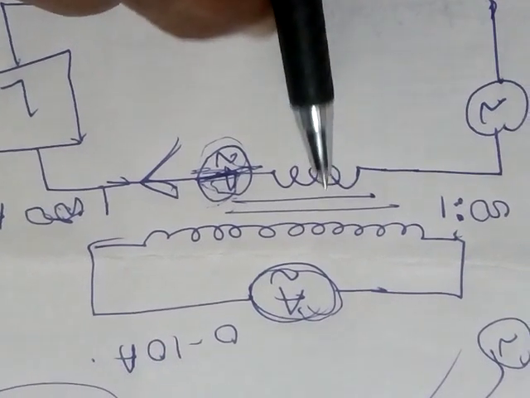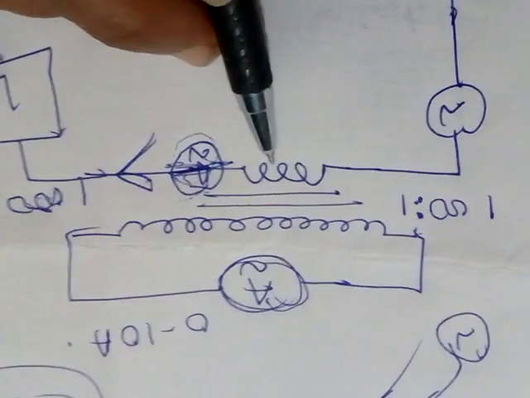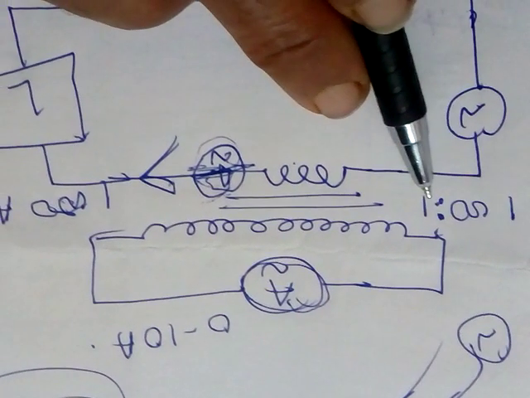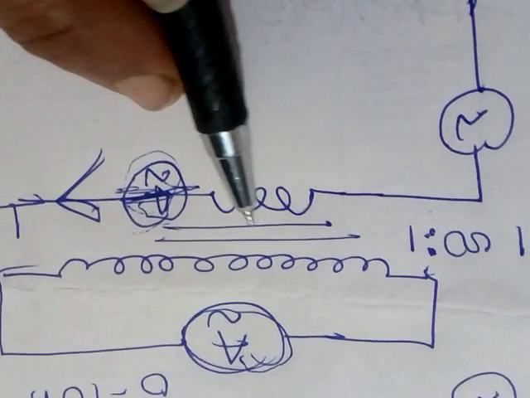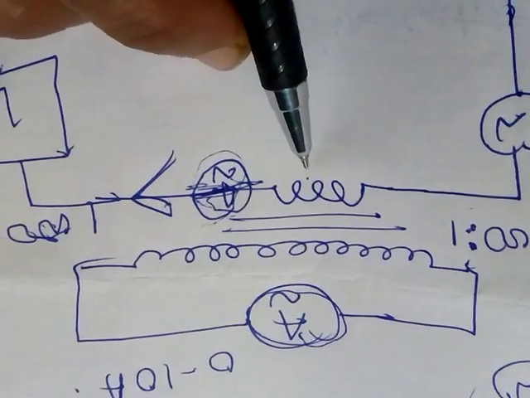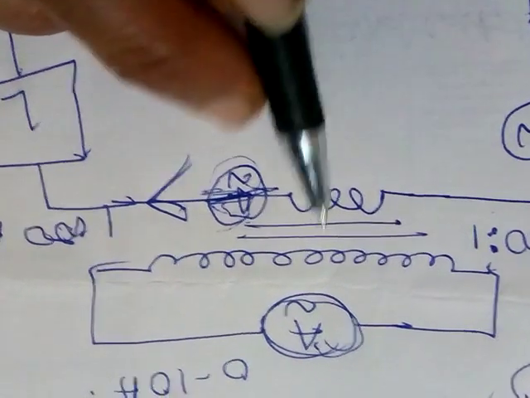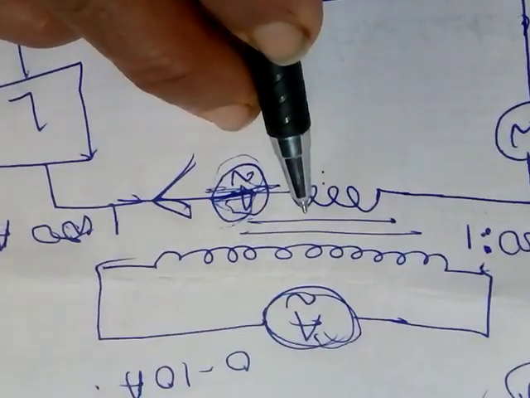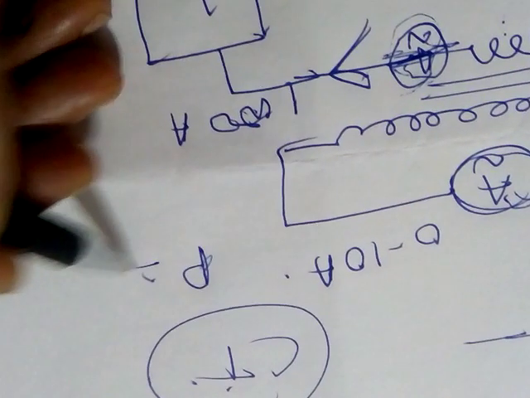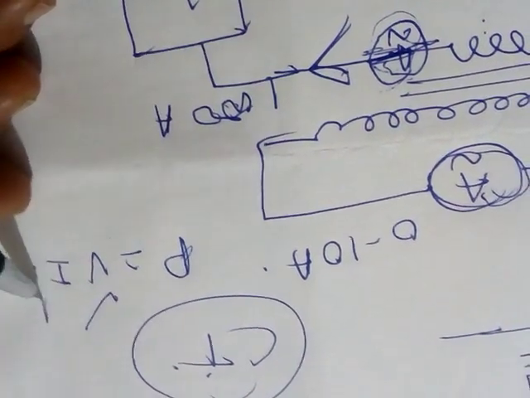Say here it is 100, I have taken 100:1. Say it is 100 here, and here it is 1. So it is like a step up transformer. You know, in a step up transformer, when the voltage is stepped up, the current will be stepped down, because power is equal to V into I. So when V is increased, I will be decreased.